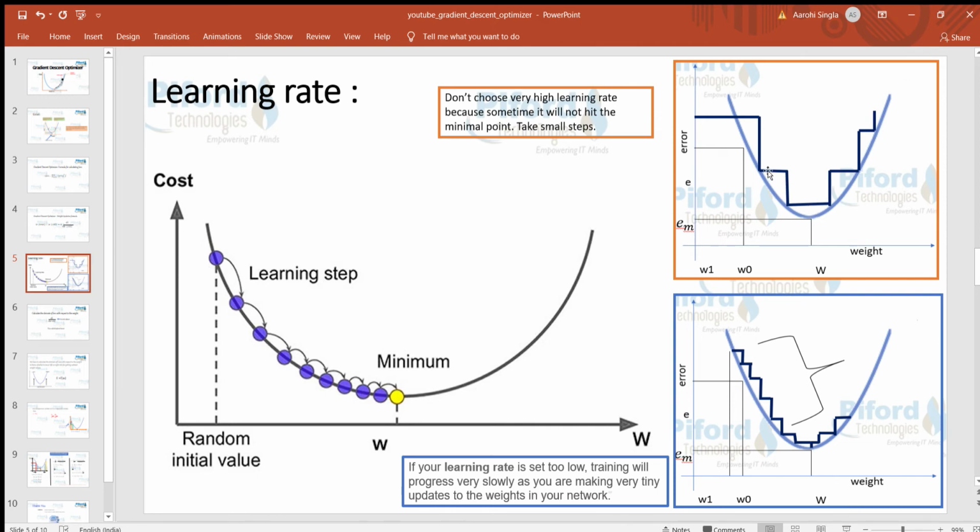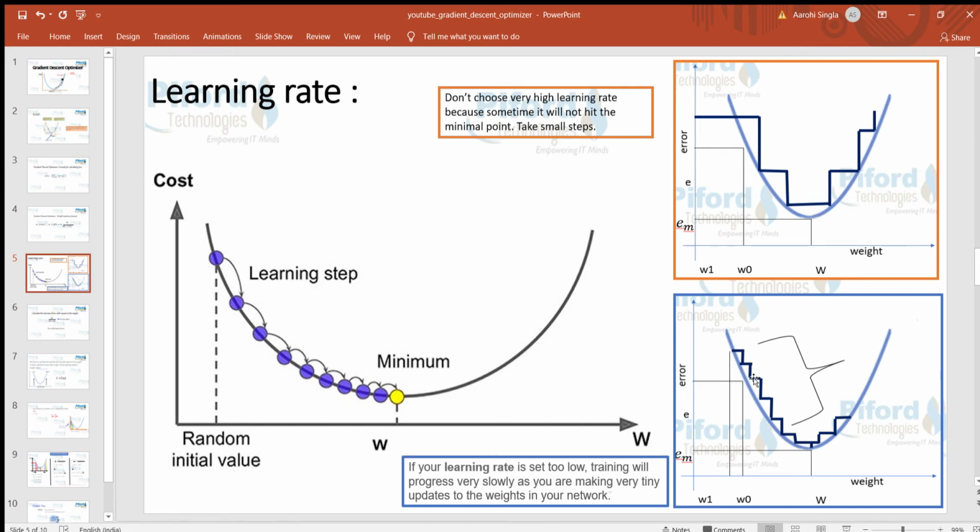Why? Because the steps are very long, and we overshoot this global minima, which is the target where we want to reach. So that means never choose a high learning rate, because sometimes it will not hit the minimal point, it will overshoot this particular point where we want to reach.